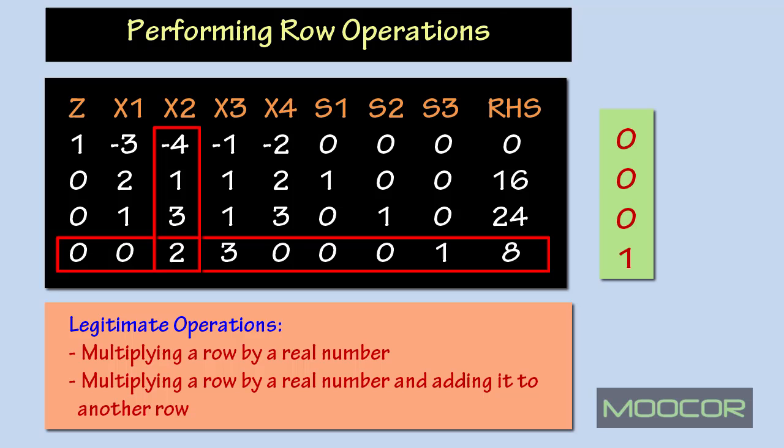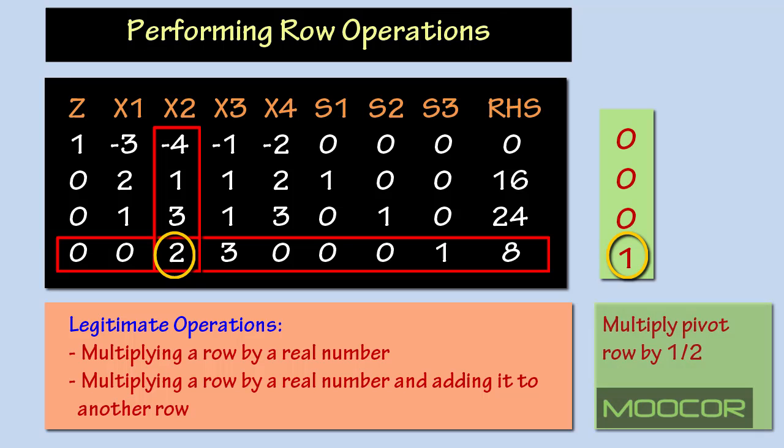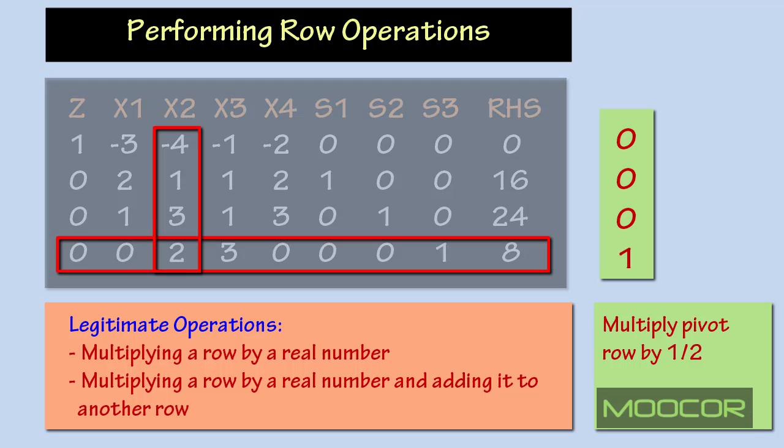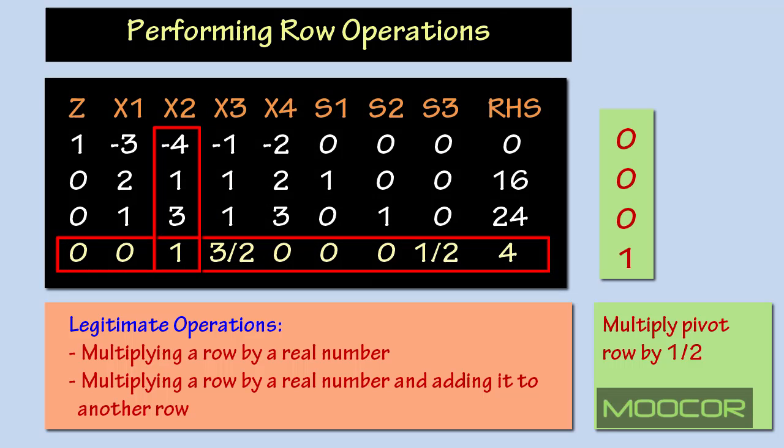So we have 0, 0, 0, 1 as our goal, and we notice that the pivot is 2 and it needs to be 1. So we can multiply this row by 1/2 and the result will be the new row, and this new row belongs to the new extreme point. But we are still not done.